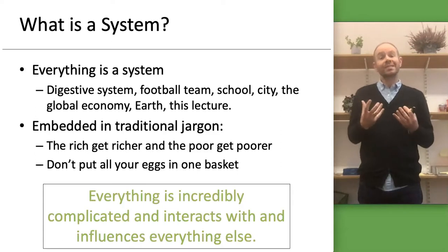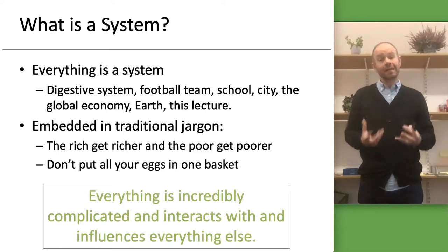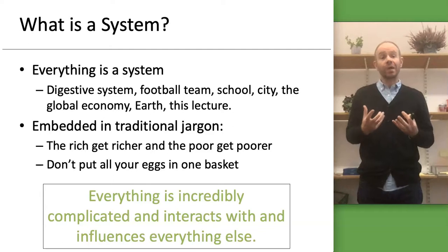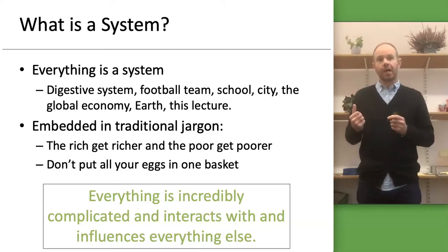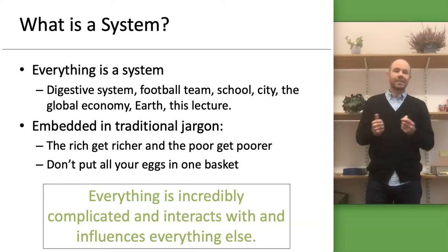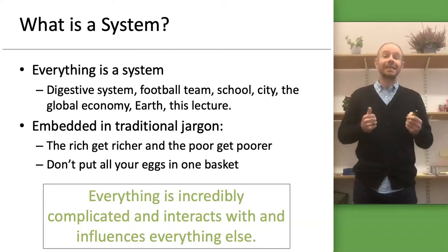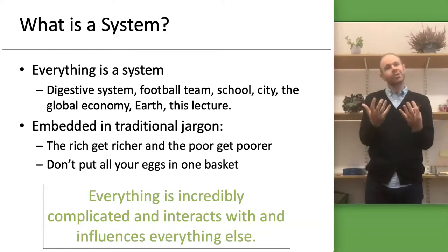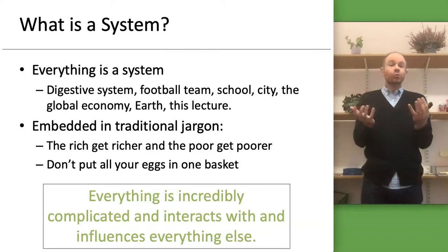So the whole point of this is that everything is incredibly complicated and interacts with everything else on Earth. These things are incredibly complicated and things don't exist in a vacuum. And from an ecological economics perspective, that's really important, right?